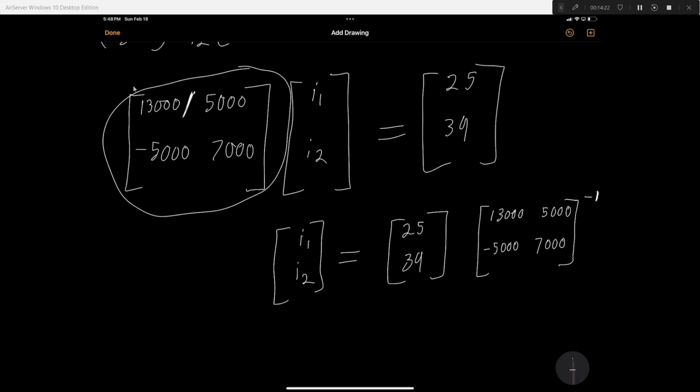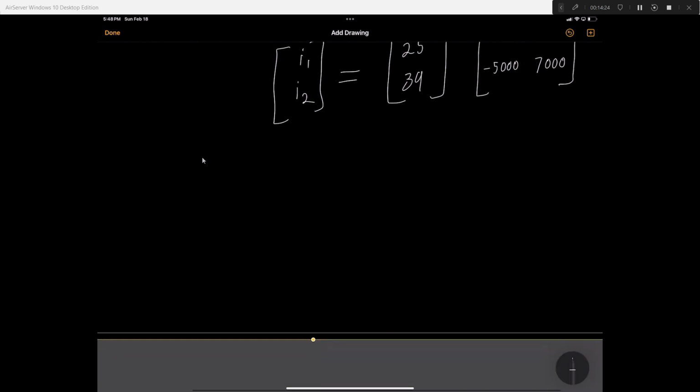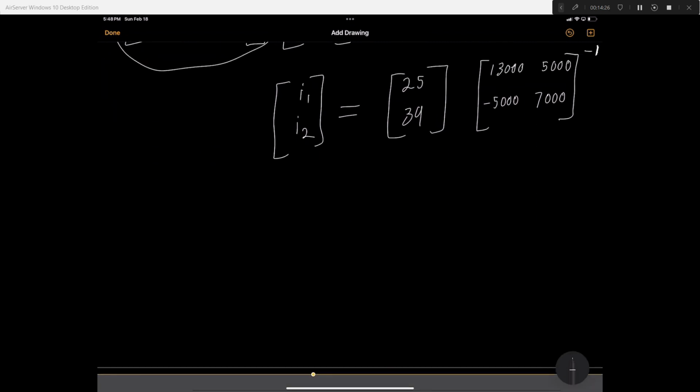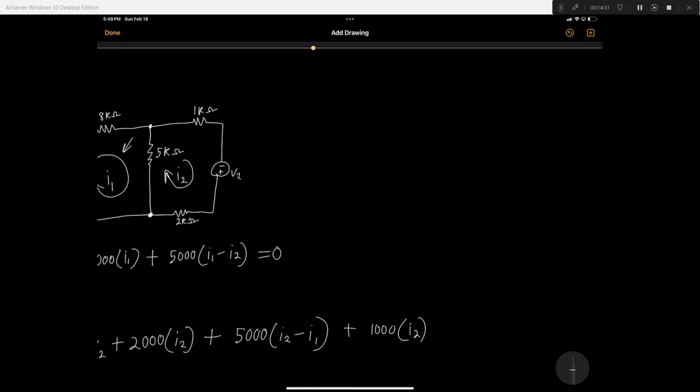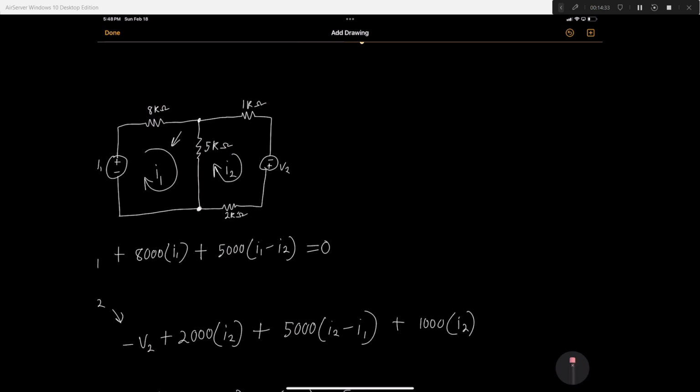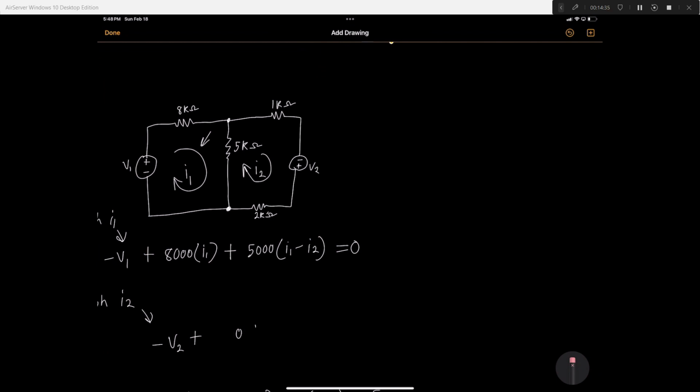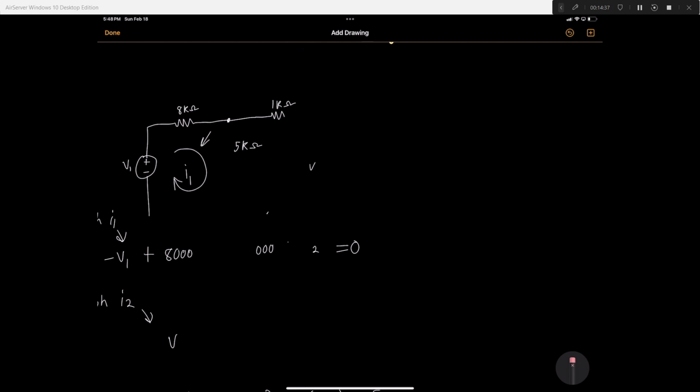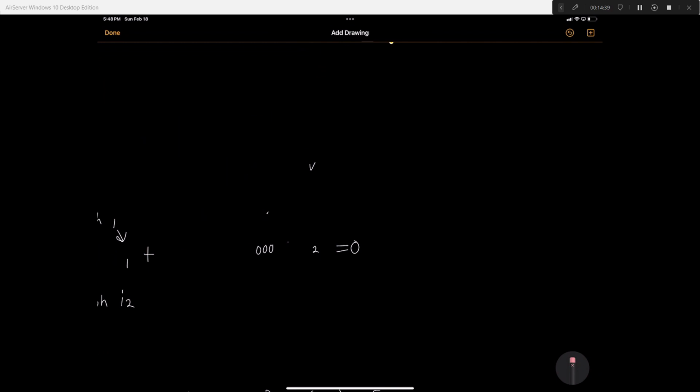Let's see. Our circuit, I'll just draw what's important. So we have a resistor here. I'm just going to draw the circuit portion for I2.